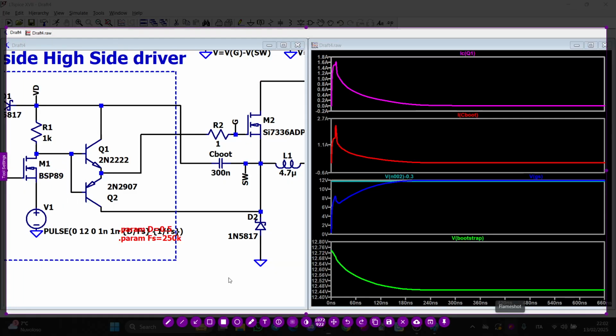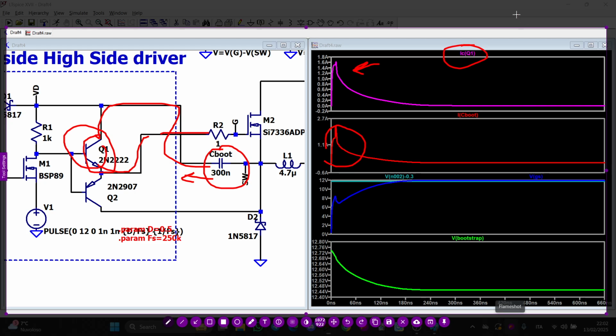So, as you can see, the current of the C boot, this current here, is positive in this direction, and is all flowing here, in the collector. So IC1 is positive, and all the current is turning on this NPN. Then it receives the waveform, and it turns on the transistor, as expected.